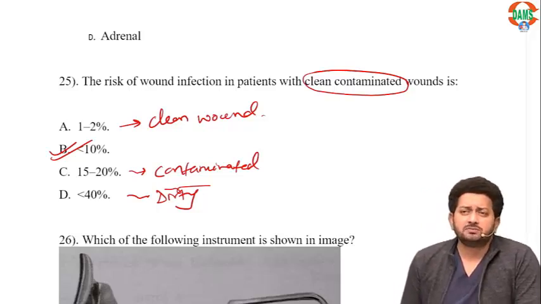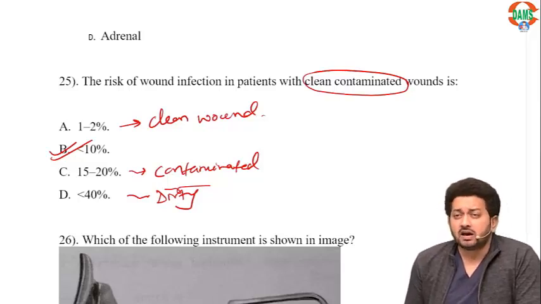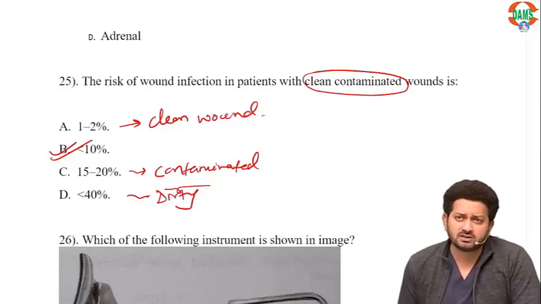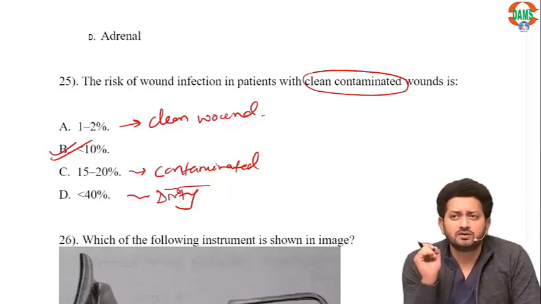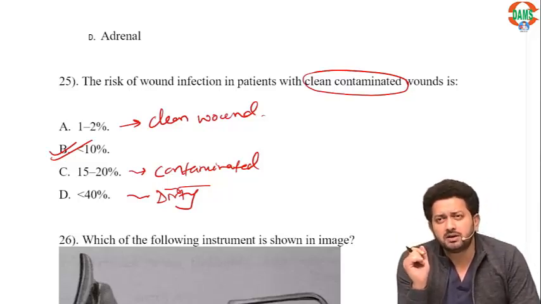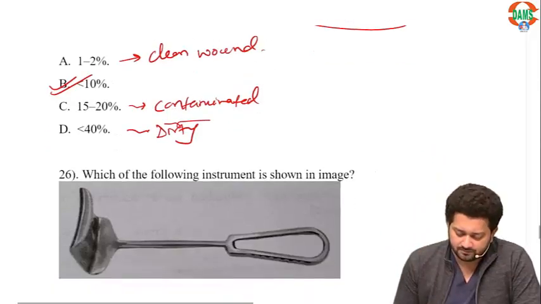Contaminated is when there is major breach in the sterile technique, early perforation, early accidental wound. Clean wound is when there is minimal inflammation, infection, and the hollow viscera is not entered, like thyroid surgeries, hernia, breast surgeries. Clean contaminated is when the hollow viscera is entered with minimal spillage, like elective GI surgeries, appendix surgery, gallbladder surgery.